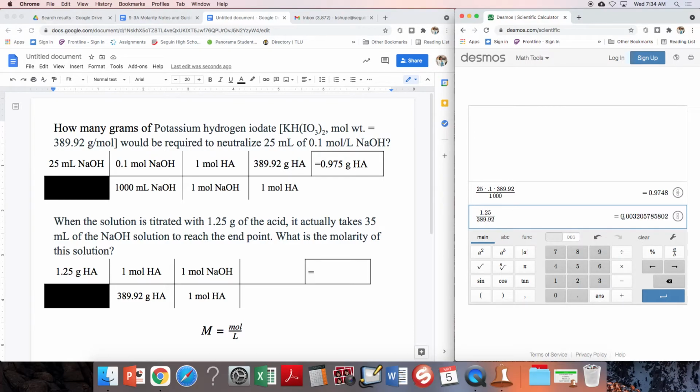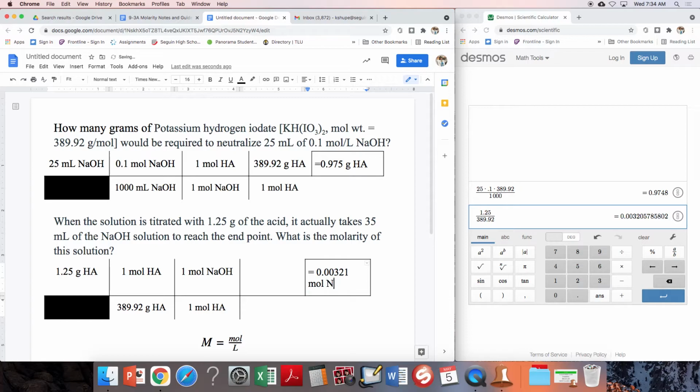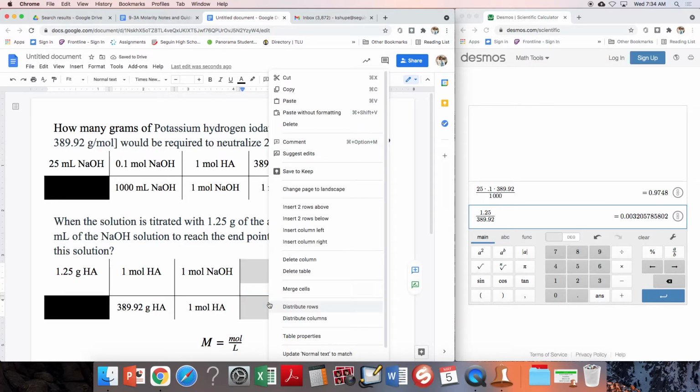I don't have very many moles. So my number of moles is 0.00321. This is what I mean by keep 3 numbers after the decimal place, not necessarily 3 decimal places, because Quest would get mad. That's my moles of NaOH. And for the sake of neatness, we're going to get rid of this column we didn't need.